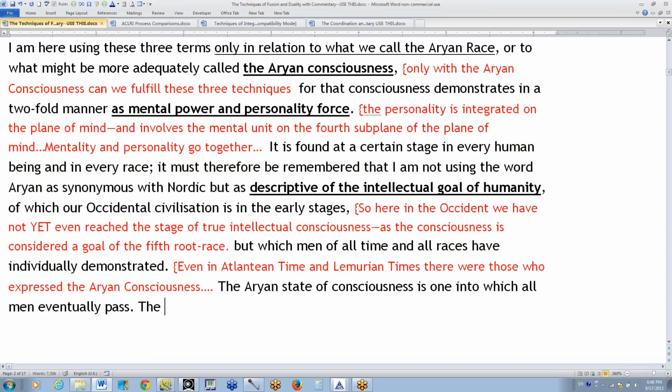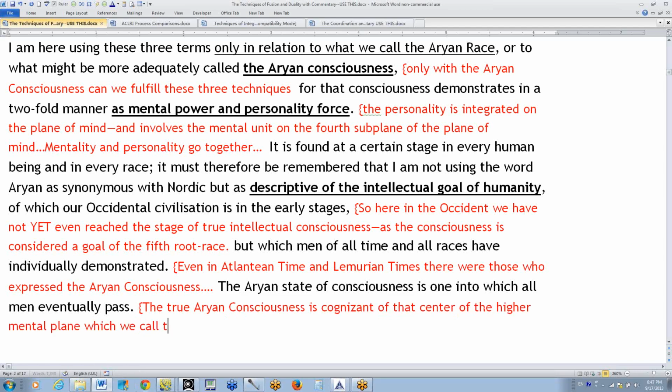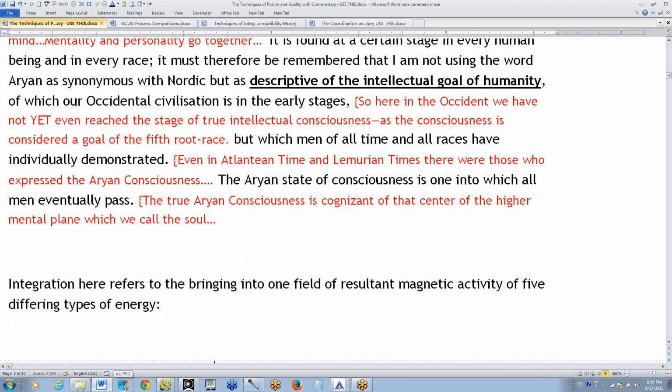We can say that the true Aryan consciousness is cognizant of that center on the higher mental plane, which we call the soul. Eventually it will be so.